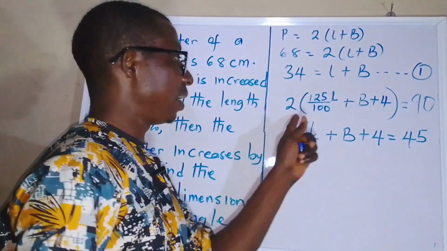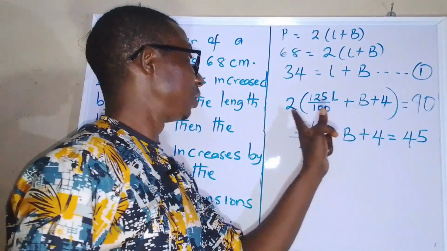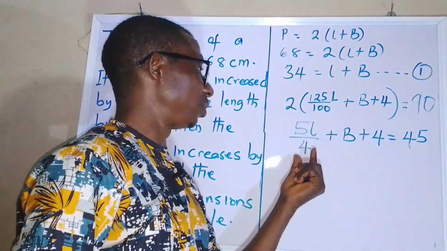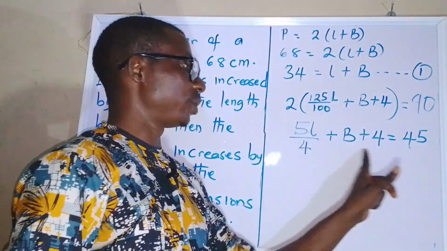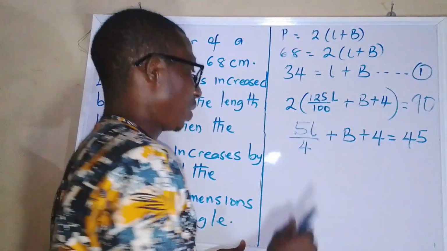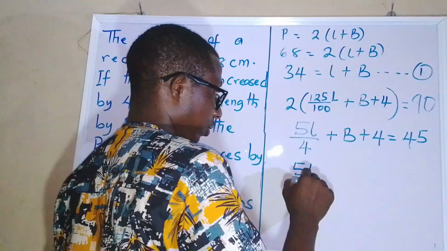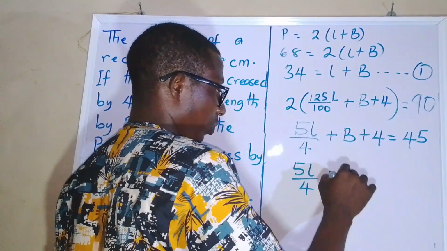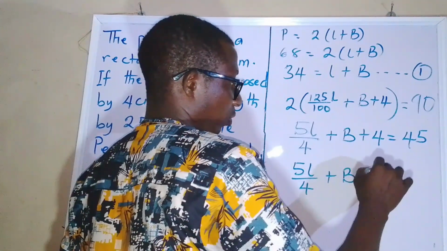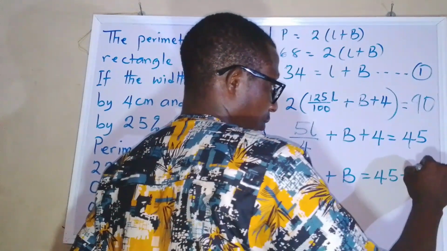Don't forget, we've divided both sides by 2. Divide this by 2, you have this. Divide this by 2, you have the expression here. So you move this to this side. So we have 5L over 4 plus B equals 45 minus 4.